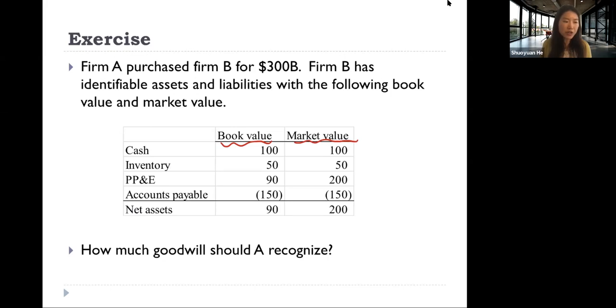So how much goodwill should A recognize? Firm A purchased firm B for 300 billion.